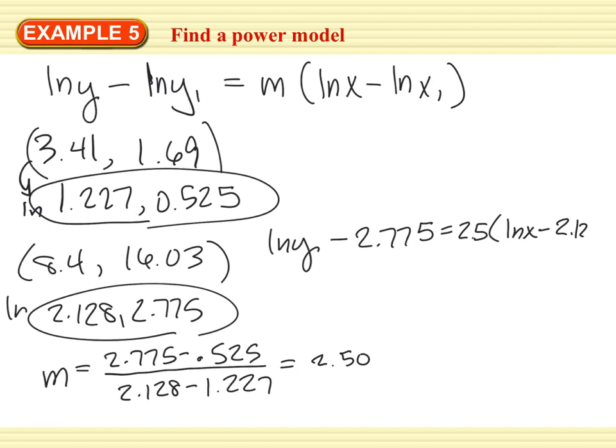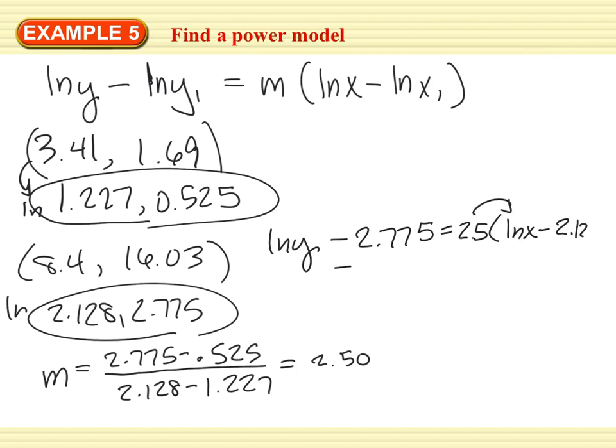You can't read that, and I've run out of room. All right, I'll rewrite it in a second. Hold on. All right, first I need to distribute this.